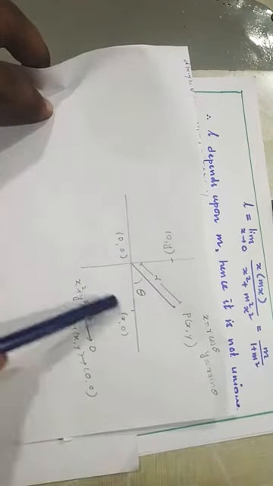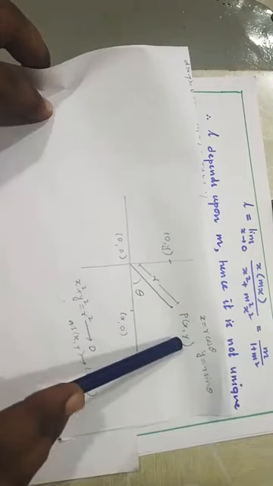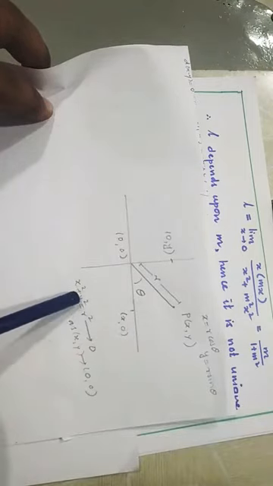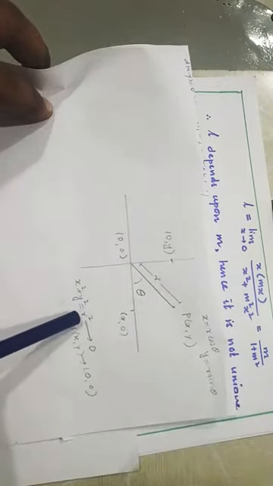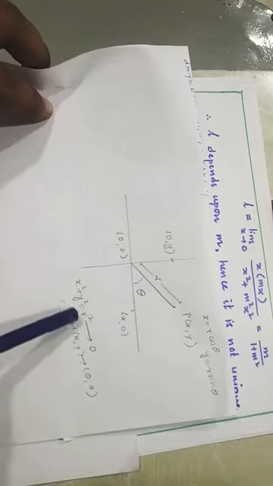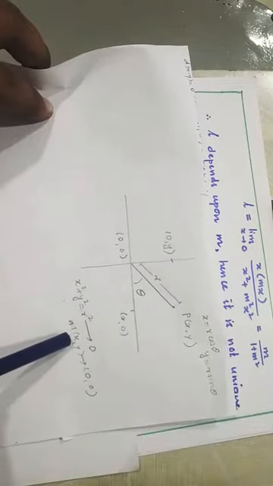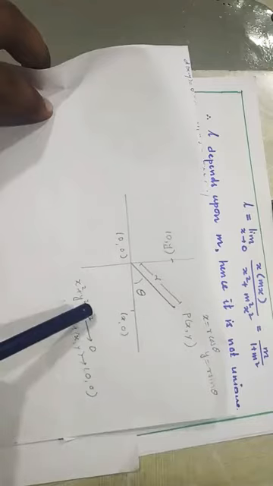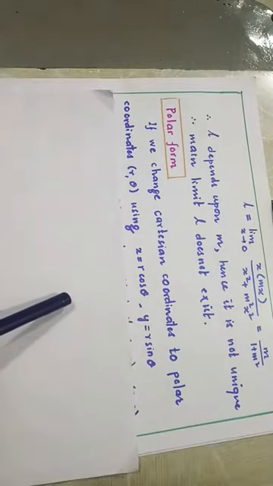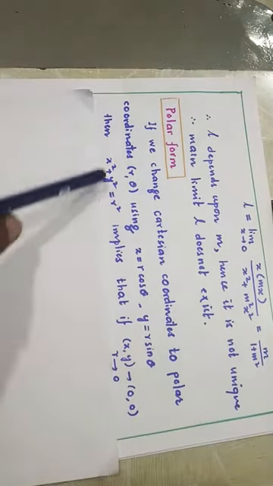When (x, y) is tending to (0, 0), x square plus y square will tend to 0, but x square plus y square is r square. Therefore r square tends to 0 as (x, y) tends to (0, 0), and when r square is tending to 0, r tends to 0.